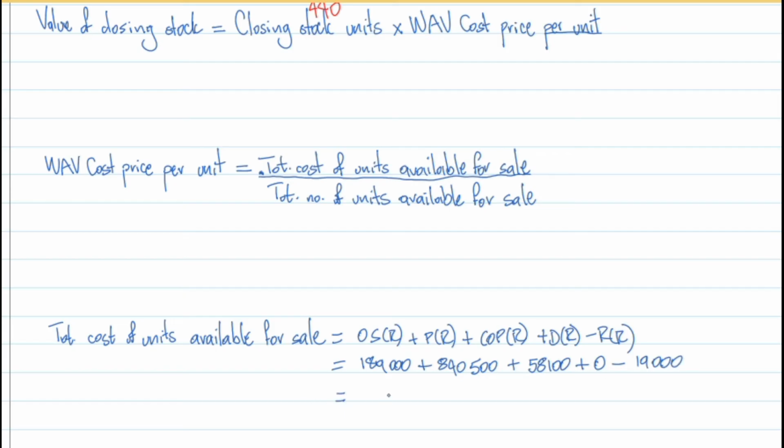So when you calculate this equation, you get the number 1,068,600 rands. So that's the total cost of units available for sale.